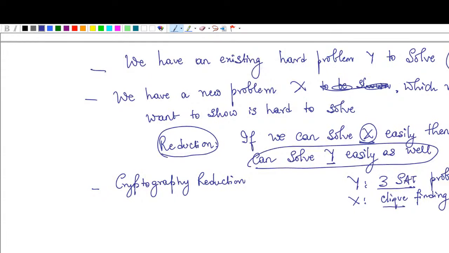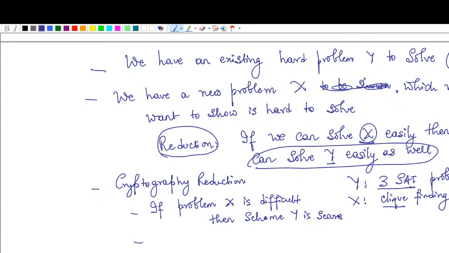Suppose I want to prove a statement of the following form, that if problem X is difficult, then scheme Y is secure. Or a statement of the form that if scheme X is secure, then so is scheme Y. Okay.